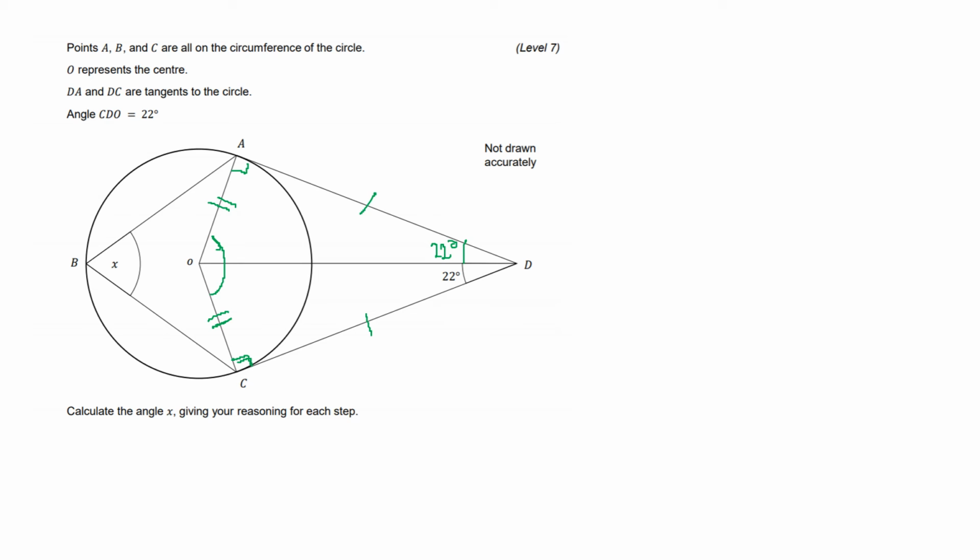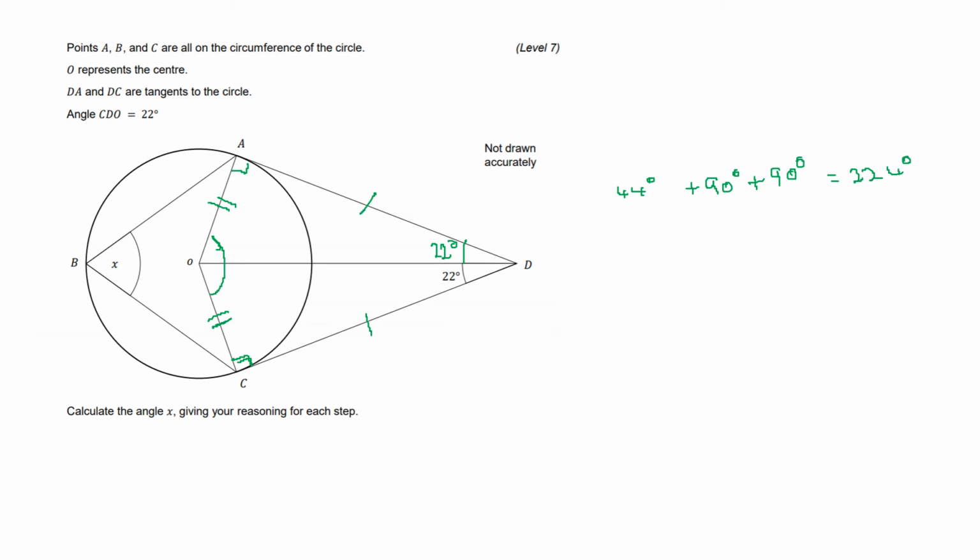It's actually a kite, but we know that the angles in a quadrilateral sum to 360 degrees. So if we add 44, 90 and 90, that's going to give us 224 degrees.